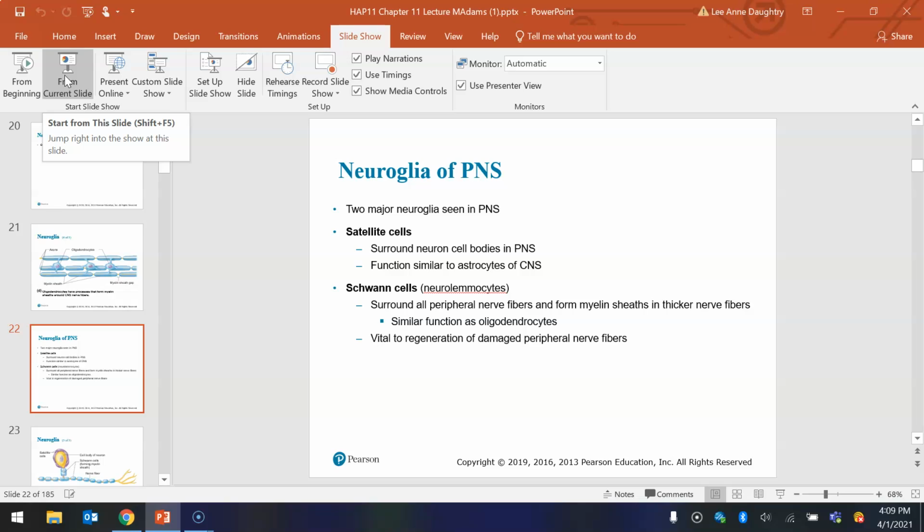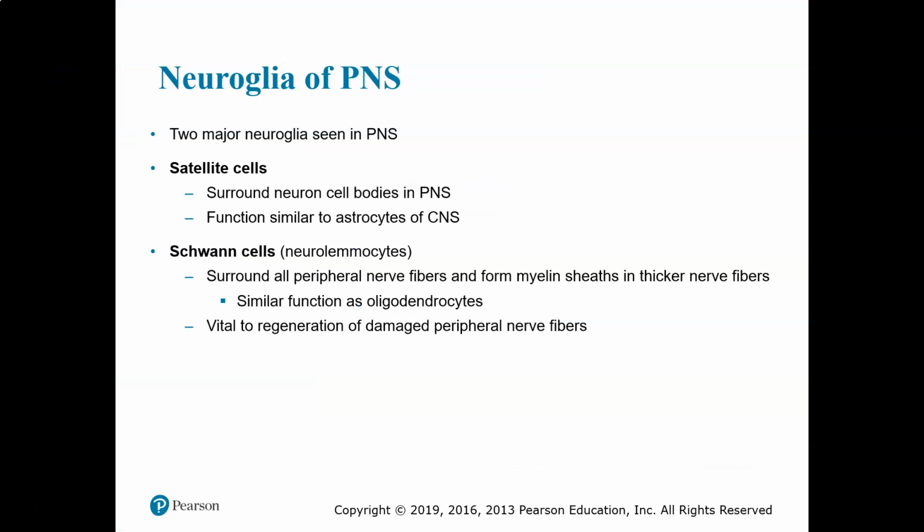We covered the neuroglial cells of the central nervous system. And now we're going to cover two that are not found in the central nervous system, but they are found in the peripheral nervous system.